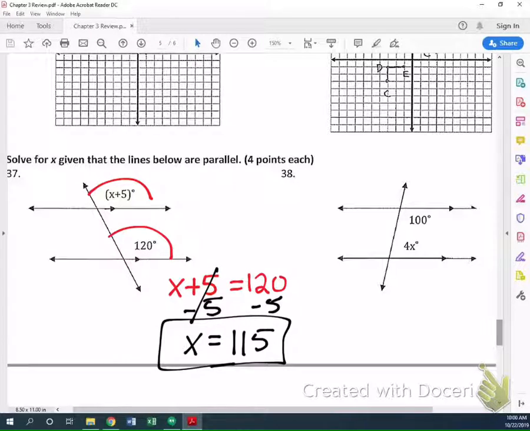All right, next. What are these? Same side interior. What do I know about same side interior? They add to 180 degrees. So I need to solve for the x. What should I do first?